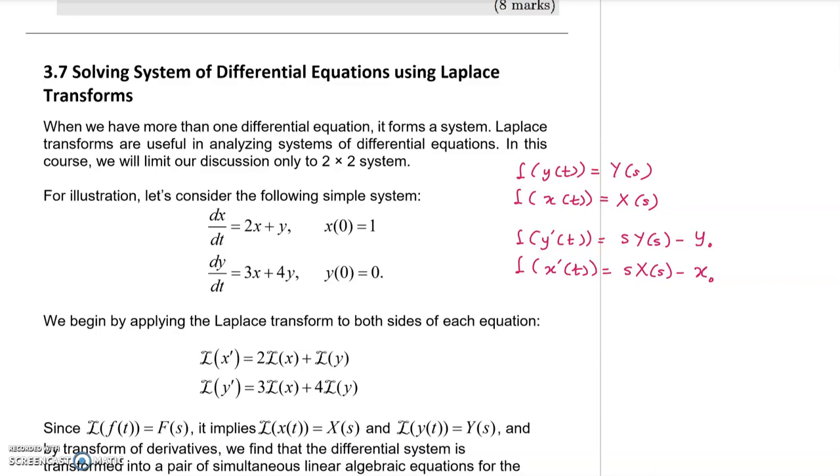Now for discussion, let us consider the following simple system. You have two equations here. The first one is dx/dt equals x plus y, or basically we can say x prime equals x plus y, given the condition x(0) equals 1, and the second equation is y prime equals 3x plus 4y.